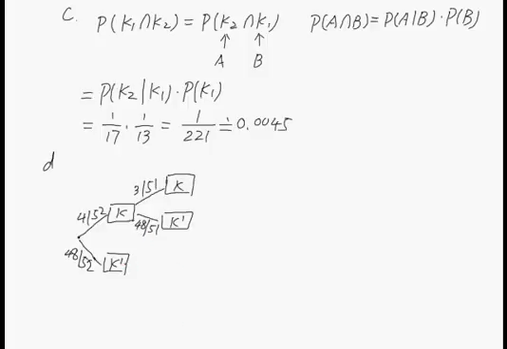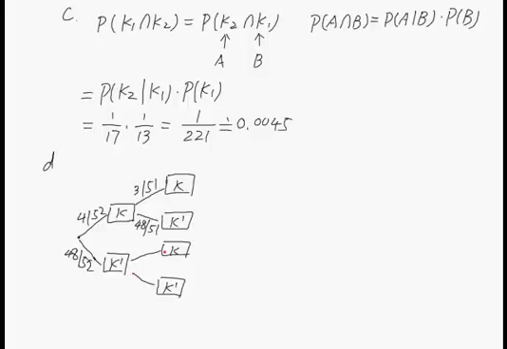Now, if the first card was not king, we also have two different outcomes for the second draw. Either the second draw is a king, or the second draw is not a king. Let's look at the conditional probability that the second card is king, given that the first card was not a king.